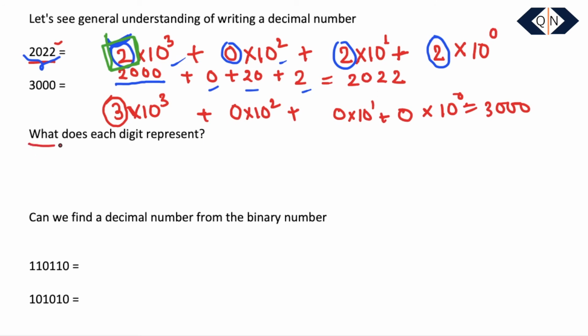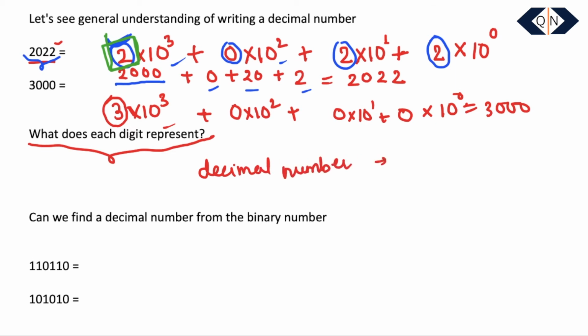So what does each digit represent? Each digit represents a power of 10. Every digit is representing a power of 10 because we are writing a decimal number.